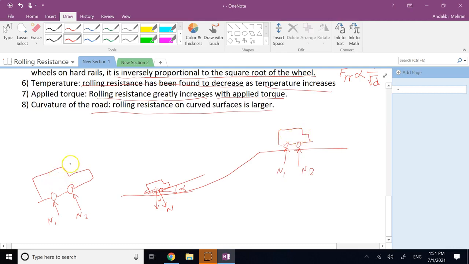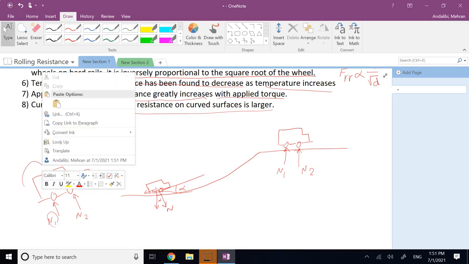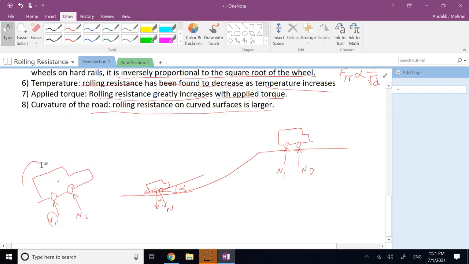But here, the fact that N1 has to provide rotational stability so the car does not flip back, N1 is going to increase more significantly compared to here. So if the difference here between N1 and N2 is, let's say, 200 units, here it might be 500 units if N1 is bigger, for example.